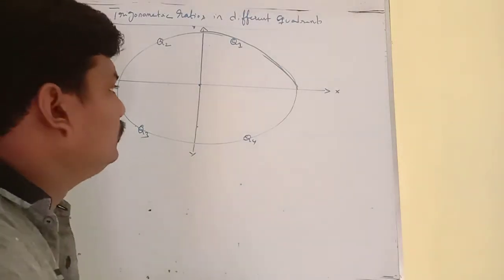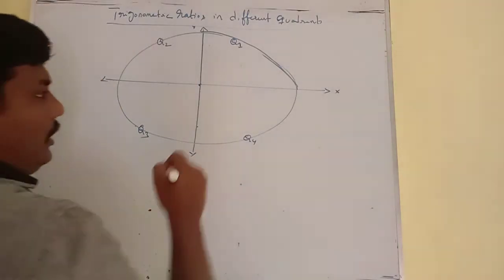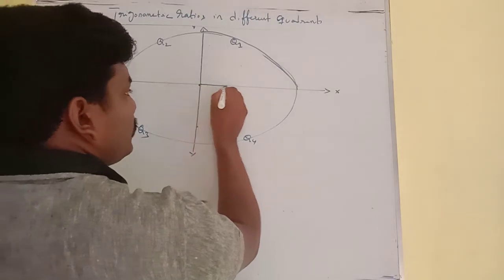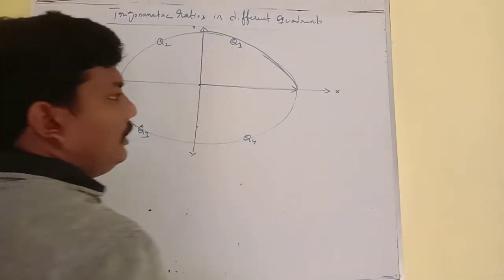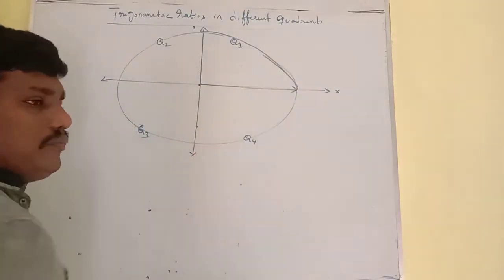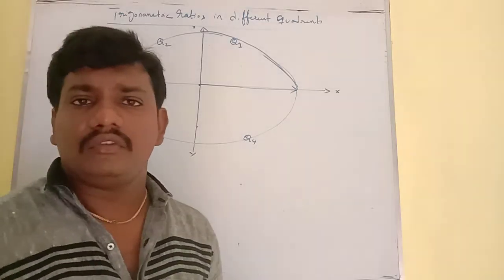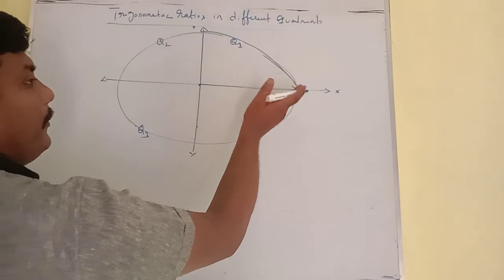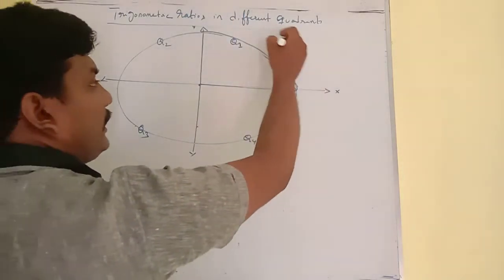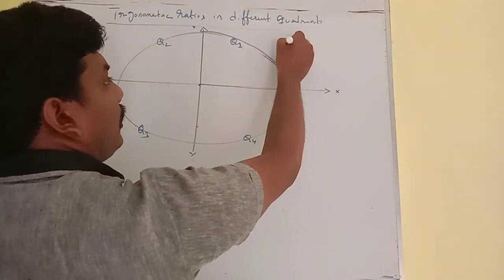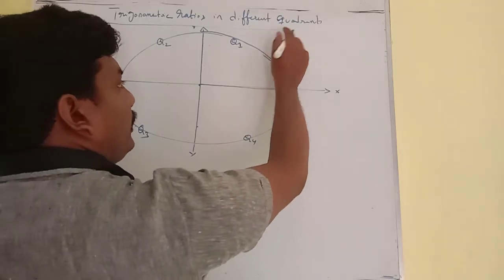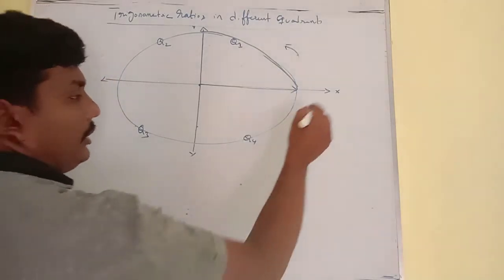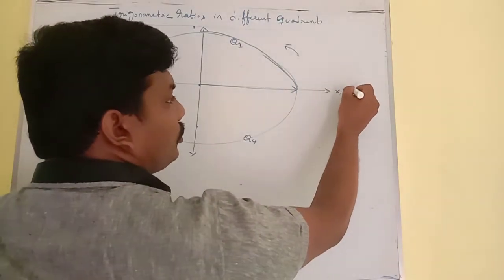Let me consider a ray which starts from the positive x-axis and makes an angle in the anti-clockwise direction. The initial position is 0 degrees.